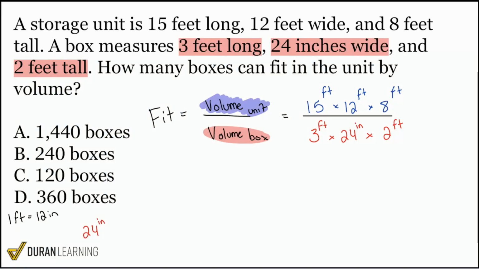So are we going to multiply or divide to convert inches into the bigger unit feet? Yeah, we're going to divide. So when we divide 24 inches by 12, that's 2 feet, everybody. That is 2 feet. So that's why I'll replace the 24 inches right here with 2 feet. And now we are done for sure.